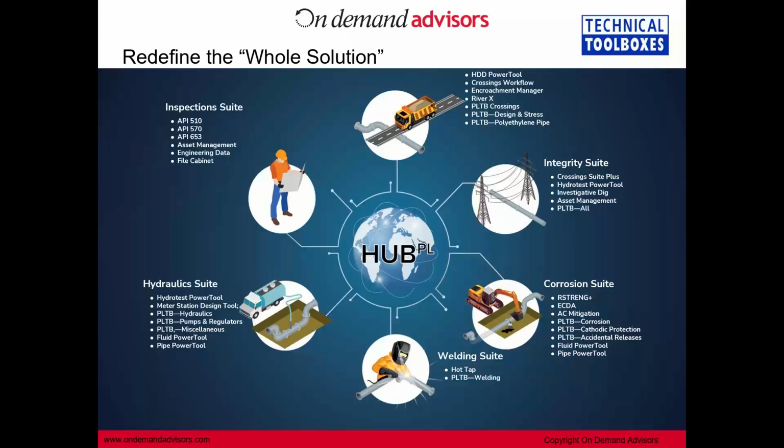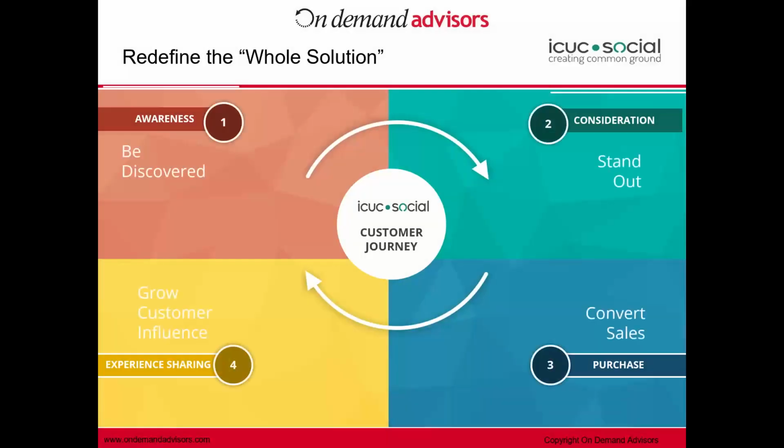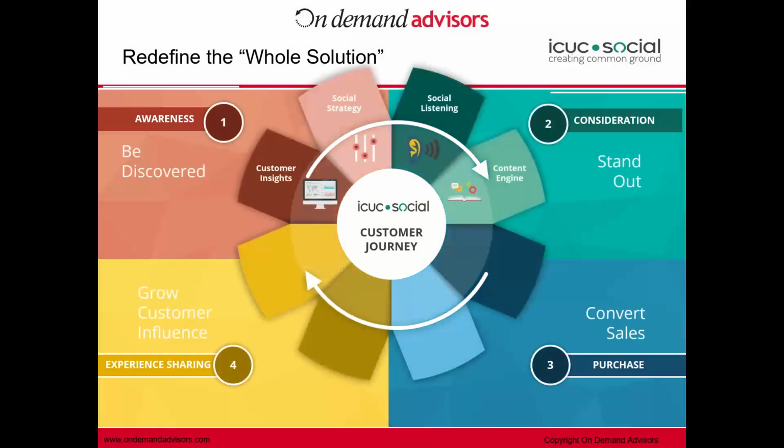So what we helped them do is build suites, because if you looked at their organizations inside these companies, like a Chevron, you would find that the engineers are broken into different groups, and you wanted to align the solutions with the different groups. This is how we helped two companies really redefine the total solution.